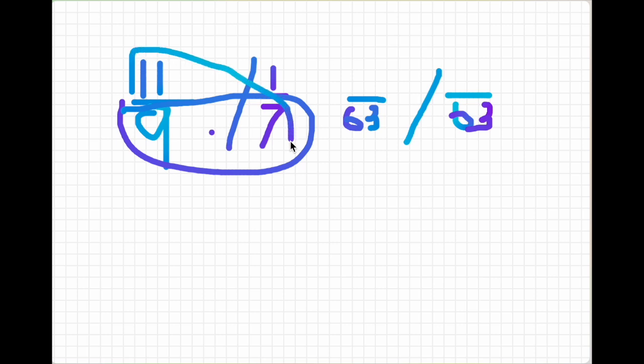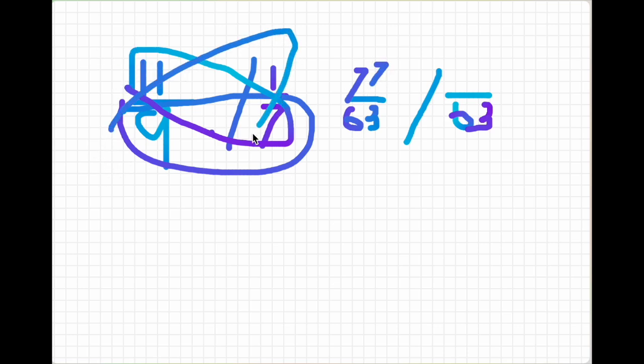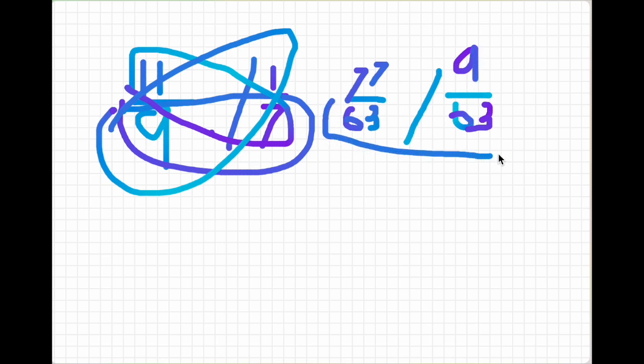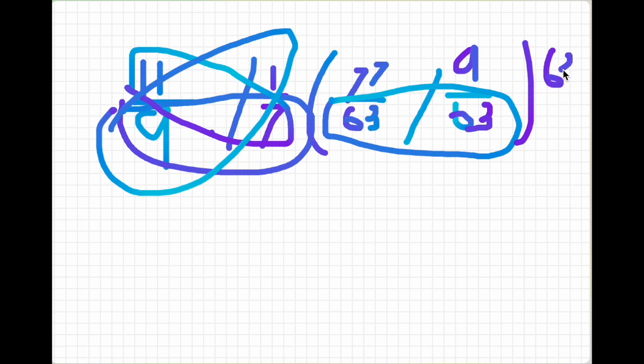Seven times 11, which becomes 77 for the improper fraction, and 9 times 1 for what we are dividing by. So again, we can just ignore the bottom portion right here, or we can multiply it by 63 to make it just equal 77 divided by 9.